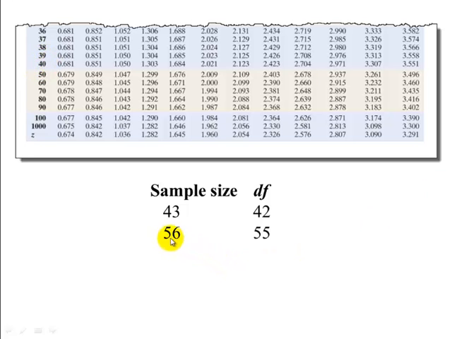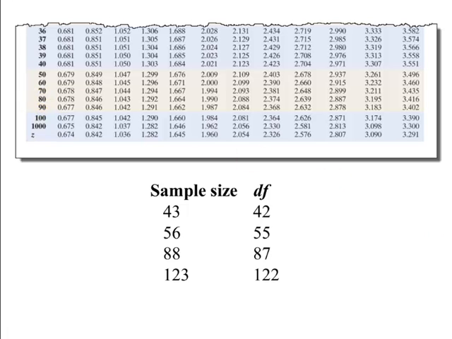If the sample size is 56, then the degrees of freedom is n minus 1, 55, and there's not a 55, so is 55 closer to 50 or 60? Well, we would round that to 60. So we would use the degrees of freedom for 60. If the sample size is 88, our degrees of freedom is 87. 87 is closer to 90, so you would use a 90.